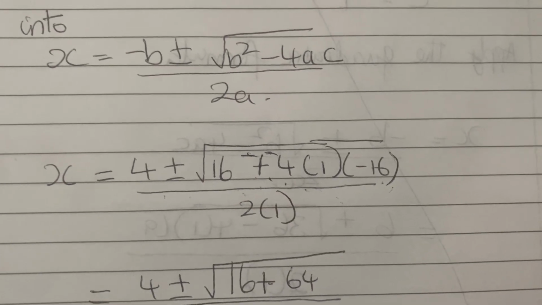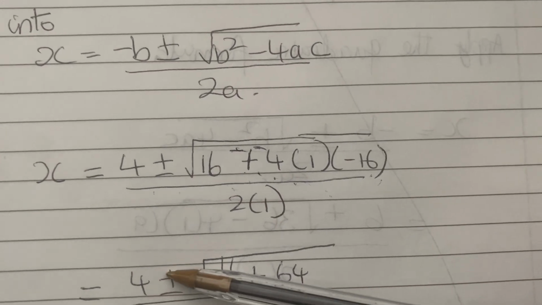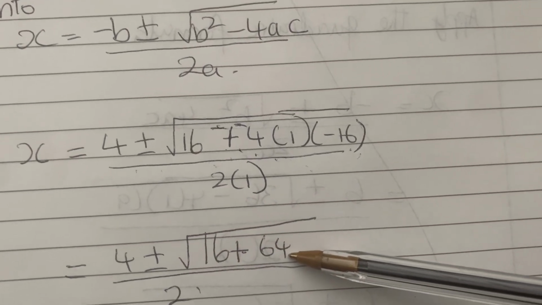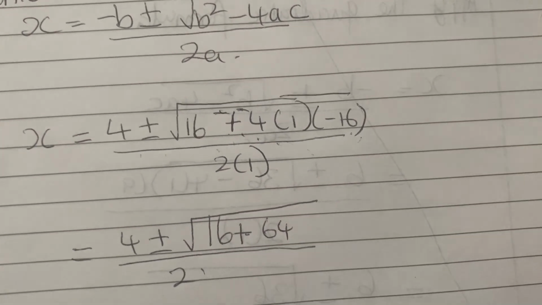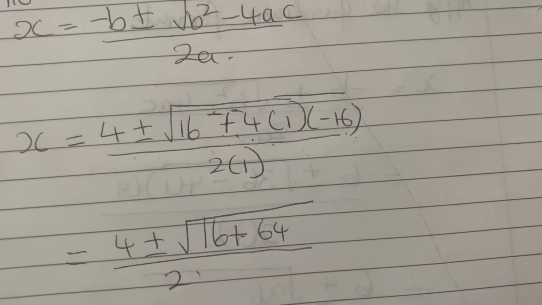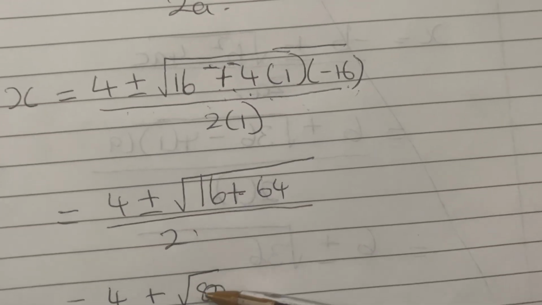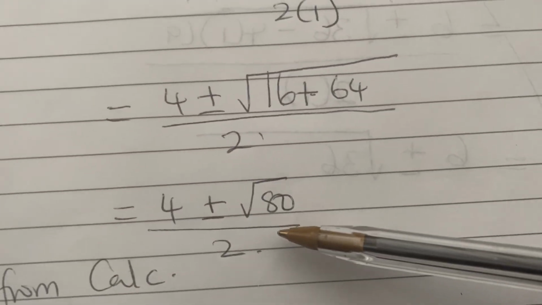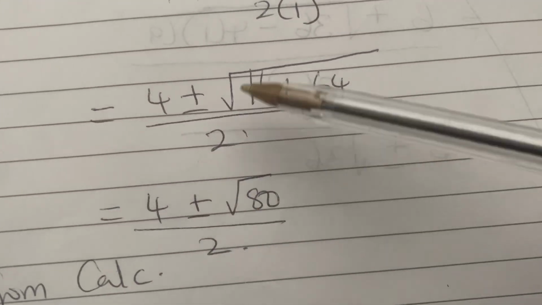So x is now 4 plus or minus root of 16 plus 64. So x will be 4 plus or minus root of 80 over 2.